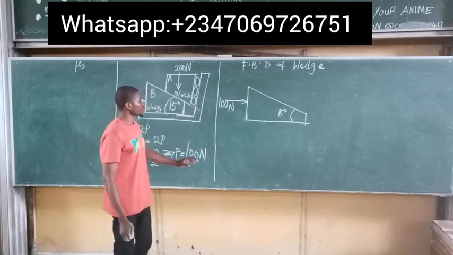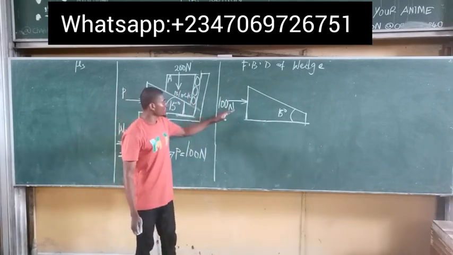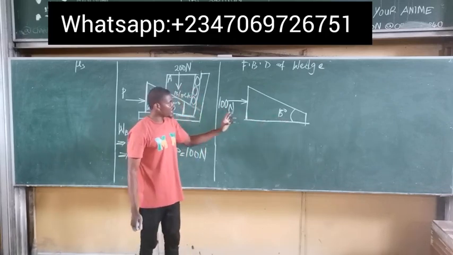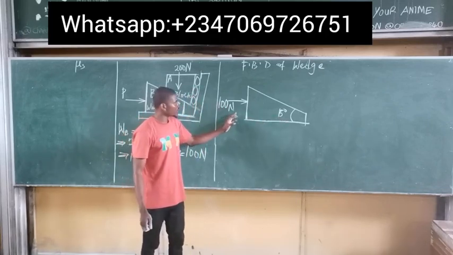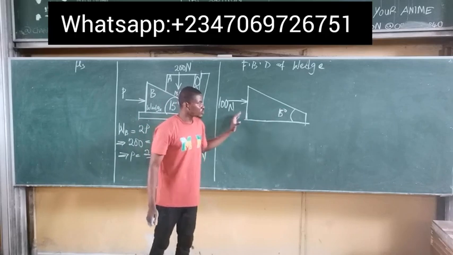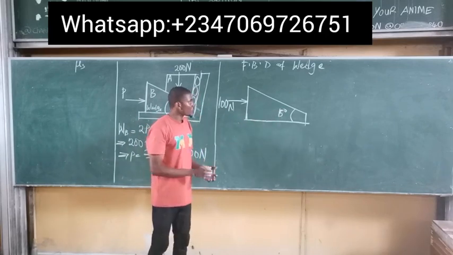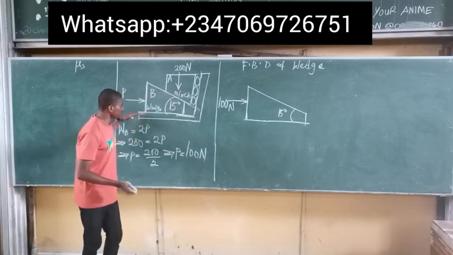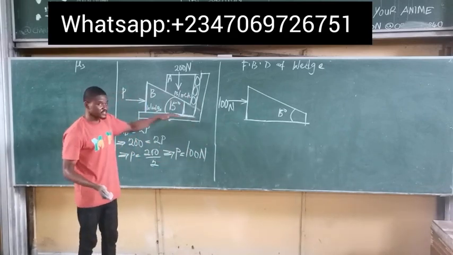Now, this 100 newtons load pulls this wedge to move to the right, as in this direction. Which means, if this load is moving in this direction, remember, this wedge is actually resting on a surface.